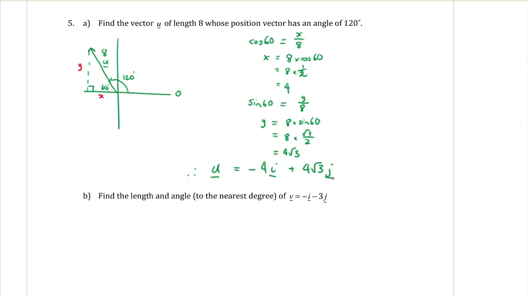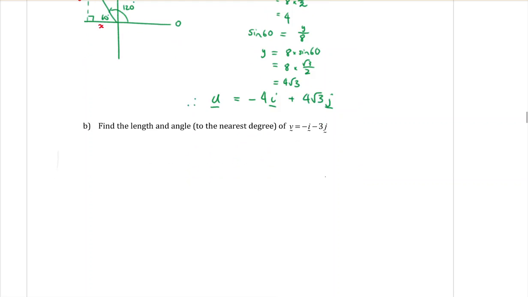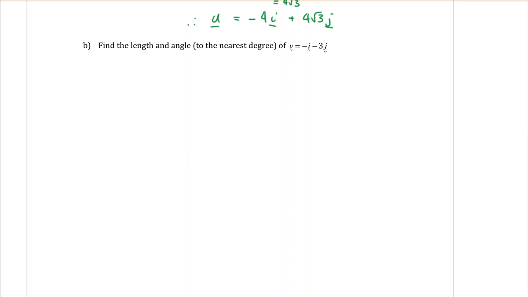Okay, and part B, find the length and angle to the nearest degree of vector v, which is minus i minus 3j. So this is a new vector. Let's draw it. When it says minus i, that means I want to go one space to the negative side, and negative 3, so negative 3 down.